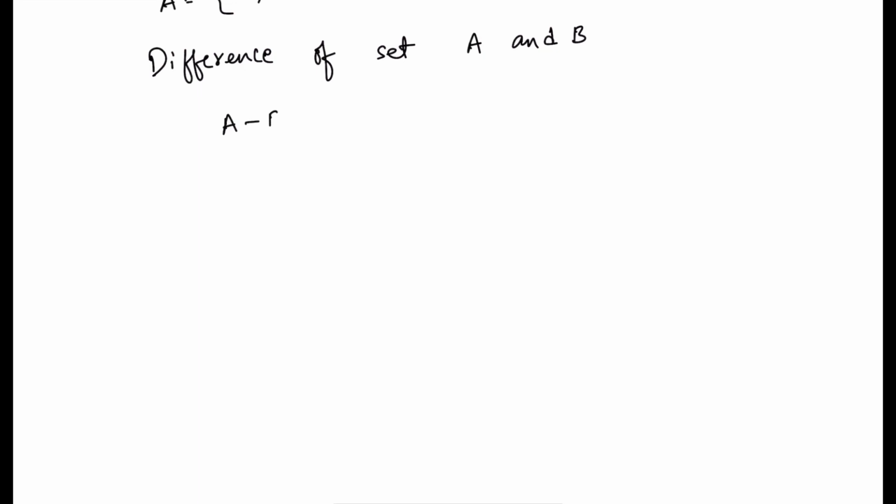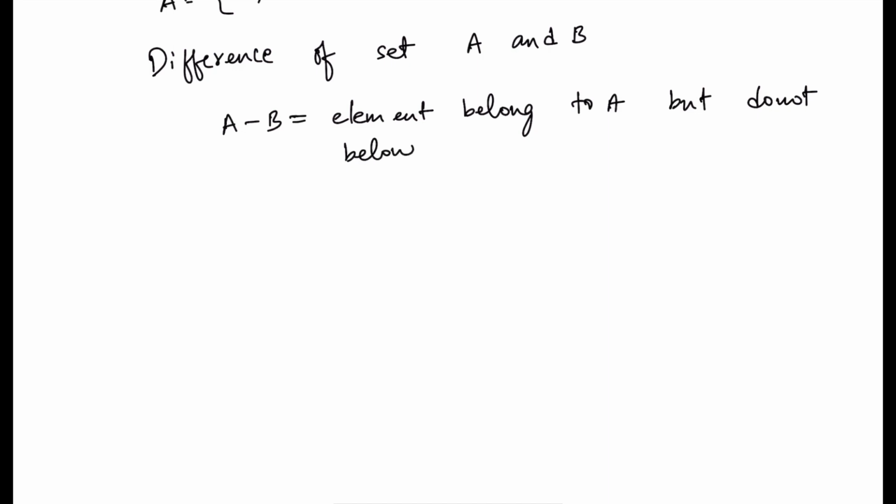But this is not actually subtraction. What this means is that this is a set, a set which is the difference of A and B, and we read this as A minus B. This actually means elements of A, elements that belong to A but do not belong to B. This is what A minus B means.